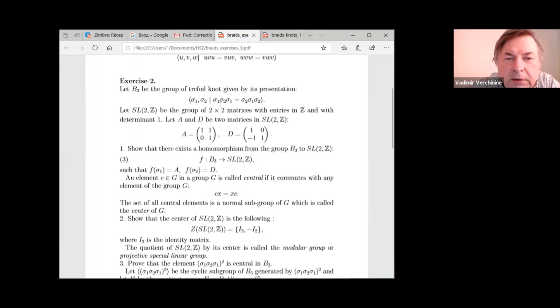Sigma 1 goes to this matrix, sigma 2 goes to this matrix, and first of all it is necessary to understand that this is a well-defined homomorphism.